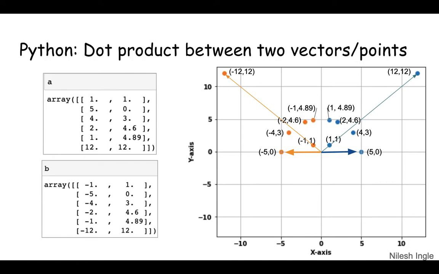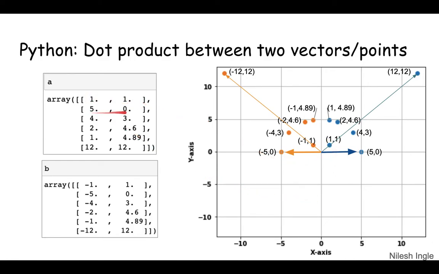In this figure, on the right hand side there is a plot with multiple orange and blue dots. On the left hand side are two arrays, A and B. The array A is shown in the plot with blue dots. As you can see, this 0.11 is shown here.